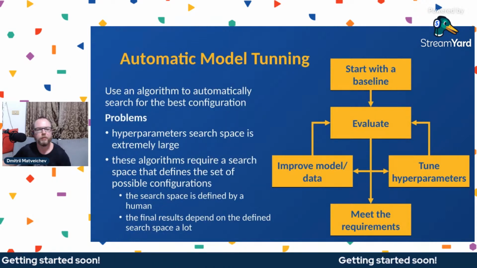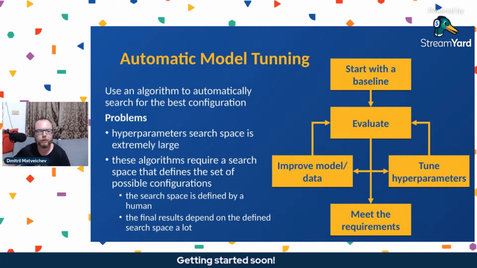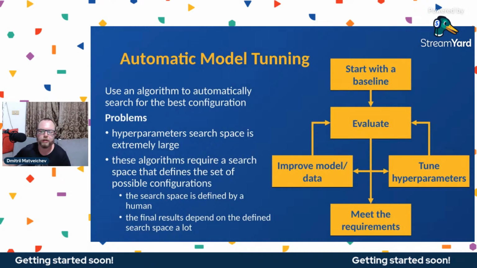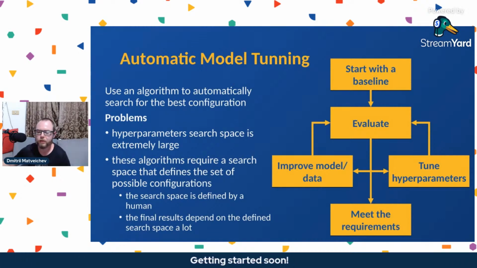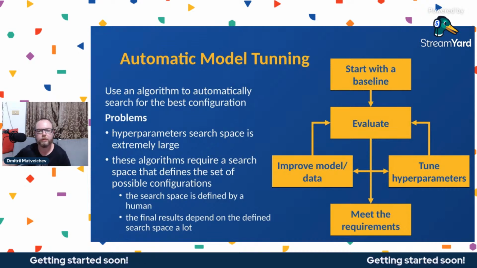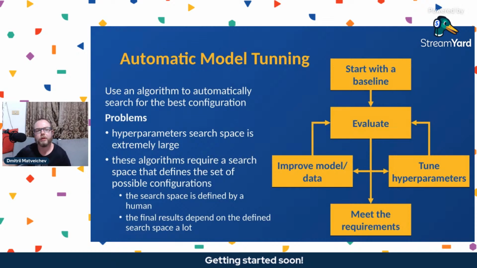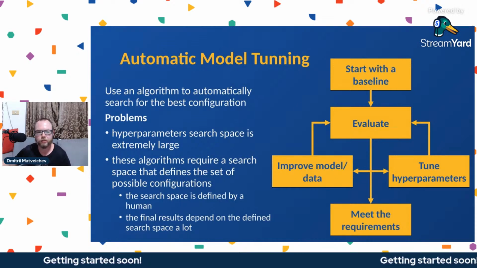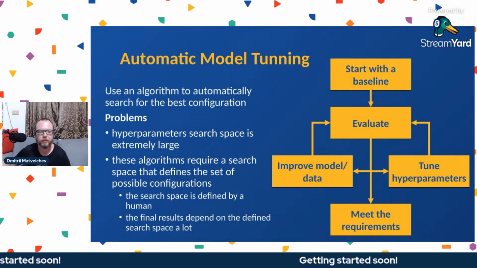Let's dive deeper. Okay, so the most common approach is just to use some automatic model tuning. There are automatic hyperparameter search algorithms such as random search or grid search, or smarter algorithms, for example, Bayesian search. But again, the problem is we still have a very large search space of all hyperparameters.